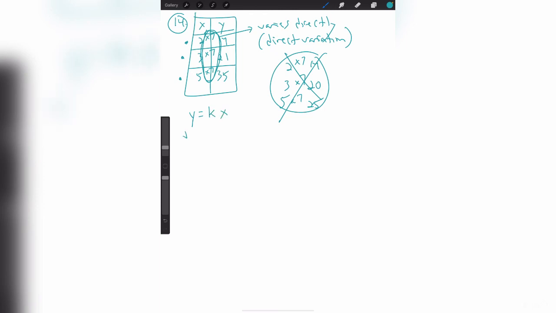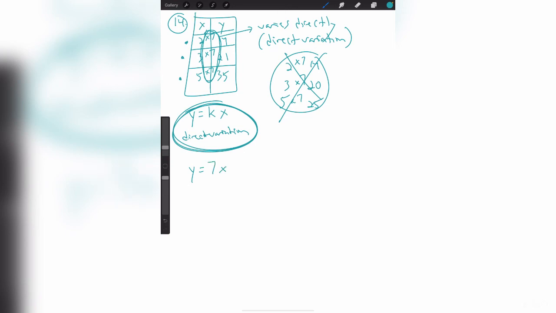For direct variation, every time you hear the words direct variation, this is the equation that you think of. Which, in this case, is saying with all the y values that we get, the way we get there is we take whatever the x value is and multiply it by 7.